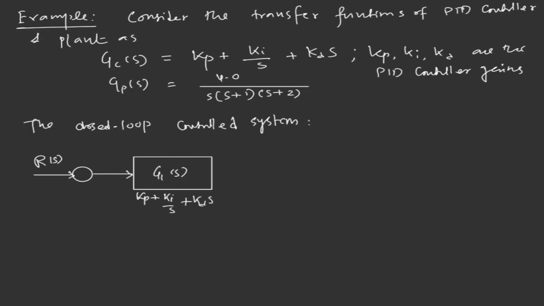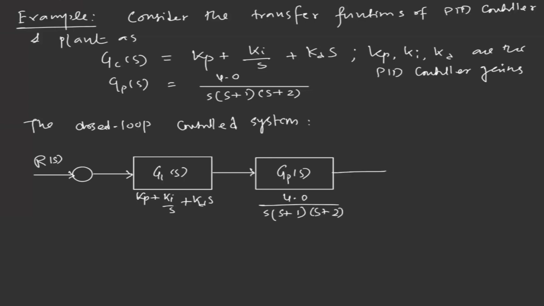The output of the controller goes to the plant. The plant transfer function is denoted by Gp(s), which is 4.0 divided by s(s+1)(s+2).